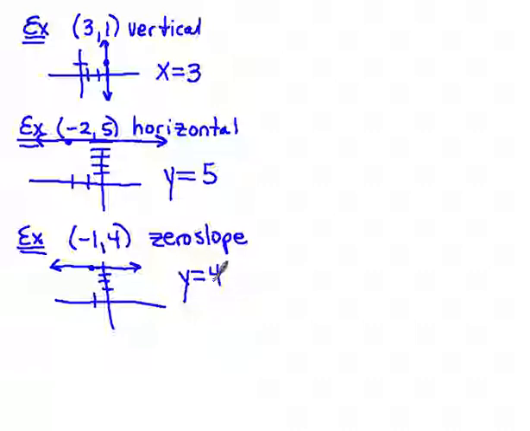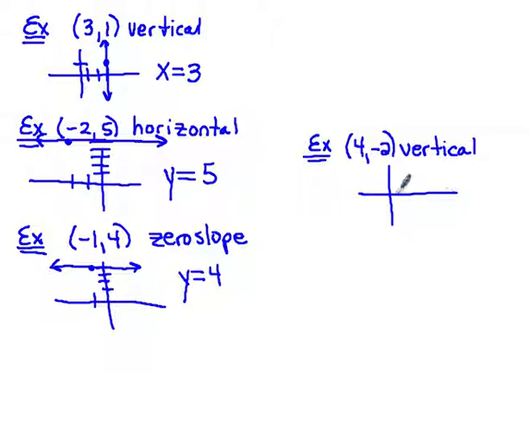Now the other way I can do that is, let's say that it goes through the point 4, negative 2, and it is a vertical line. Okay? So 4, negative 2. And it is a vertical line. But this time I'm not saying vertical. I'm saying that it has undefined slope.